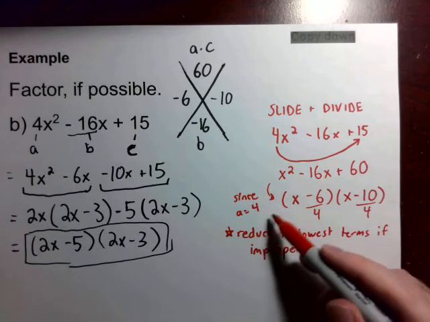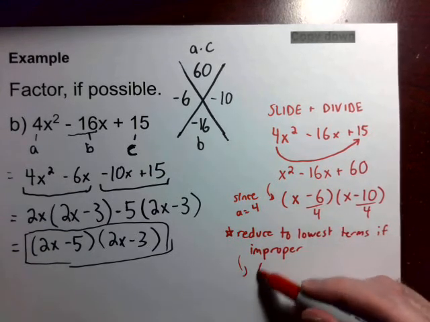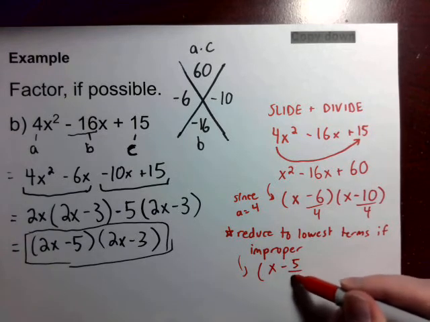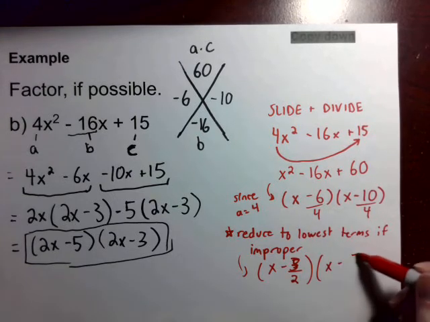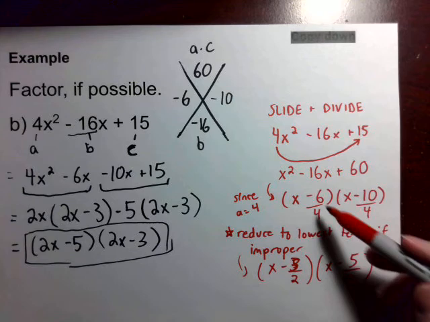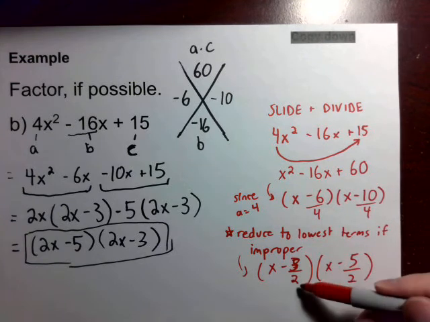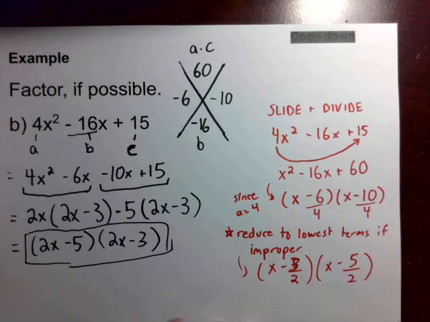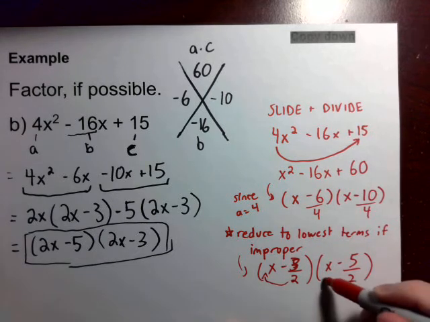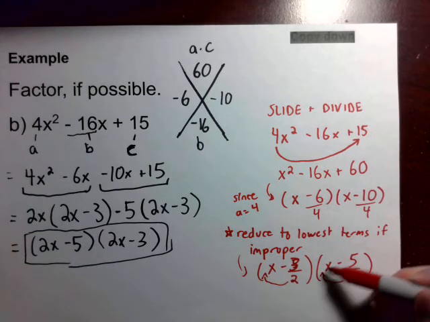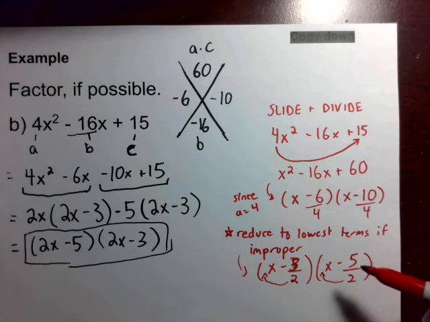So now we're going to rewrite this as x minus 3 over 2 times x minus 5 over 2, because 6/4 is equivalent to 3 halves, and 10/4 is equivalent to 5 halves. Now the final step is sliding that number 2 back in front of the x at the very end.